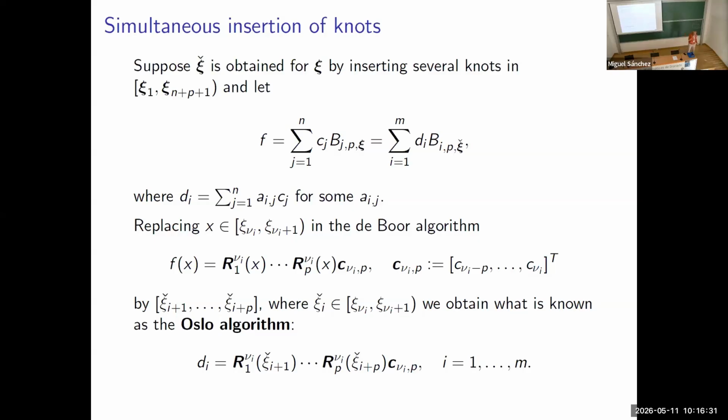So for each i, you have to find out in which subinterval of the original xi the xi check lies. And then you replace, or sort of blossom, somebody would say, all the x's by this vector here.